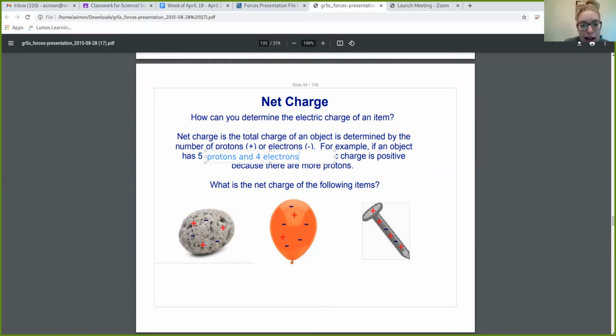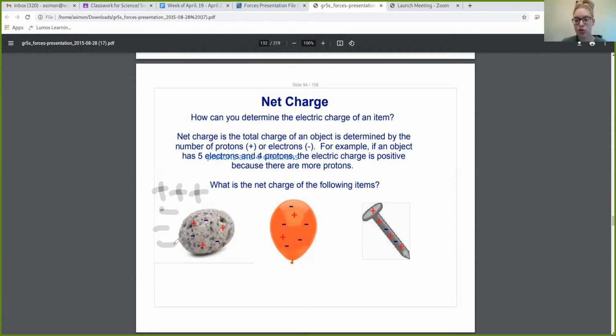All right, so let's look at these examples. I know it's a little bit hard to see, so I'll outline them a little bit more. For this example, you have 3 positives in the rock and we have 3 negatives.